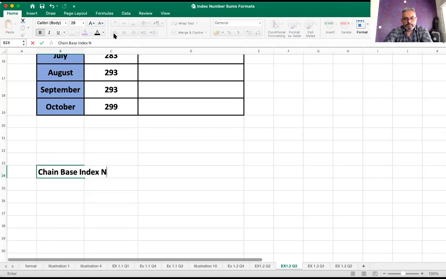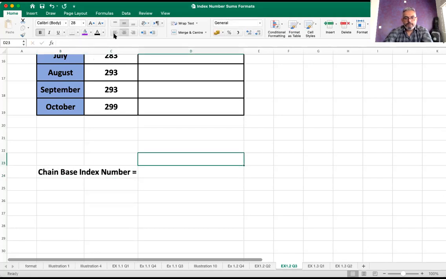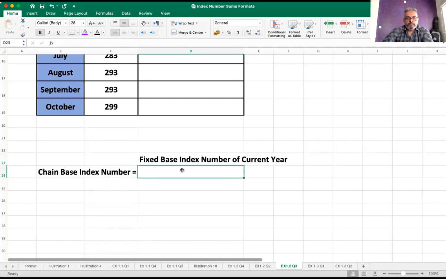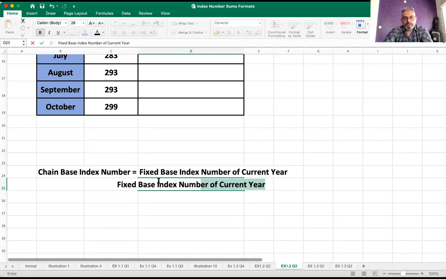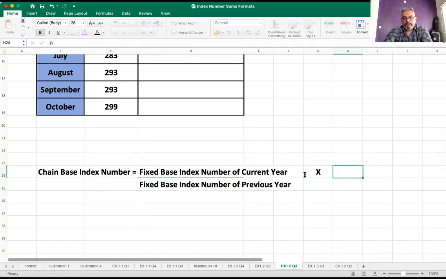Chain base index number is equal to fixed base index number of current year upon fixed base index number of previous or preceding year into 100. So write this formula.